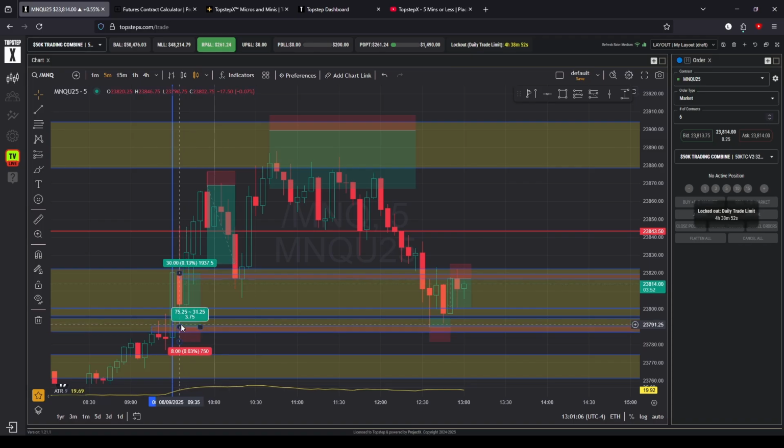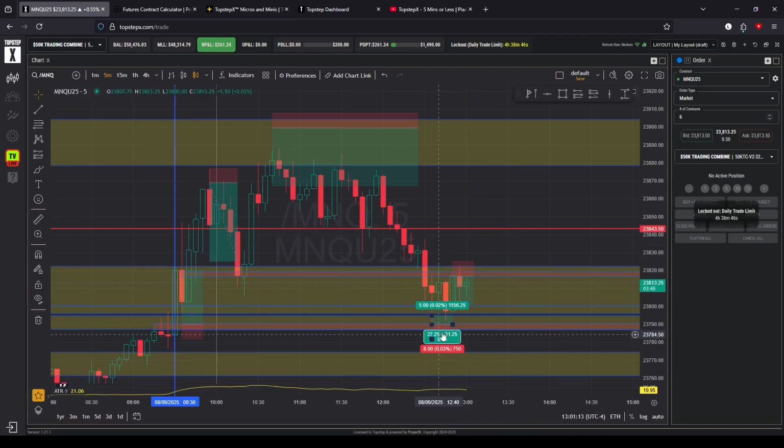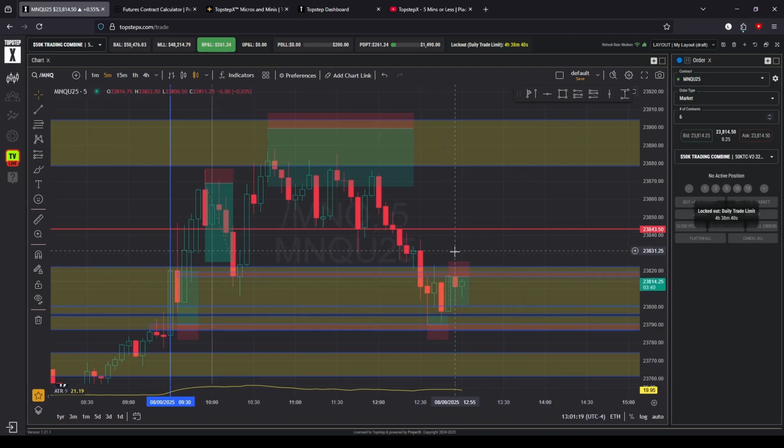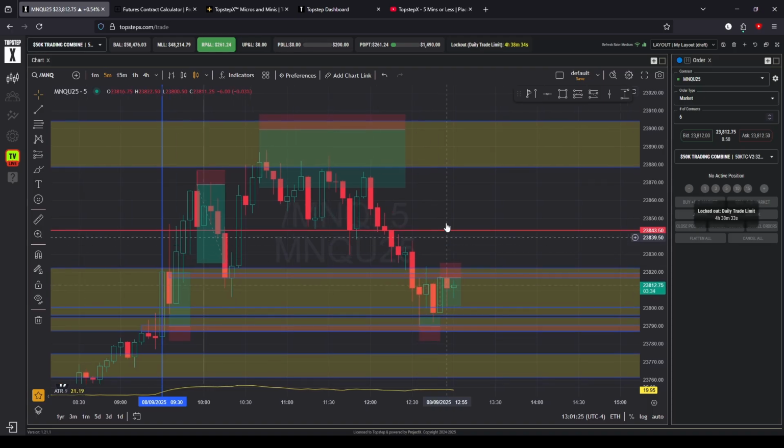I drew this in the beginning of the day. I was like, if it comes here, I'll take a trade to the upside, and I did take that trade, but I had my take profit here. Or no, I moved my stop loss up here to take profit. Okay, you know what, I don't need to do this.